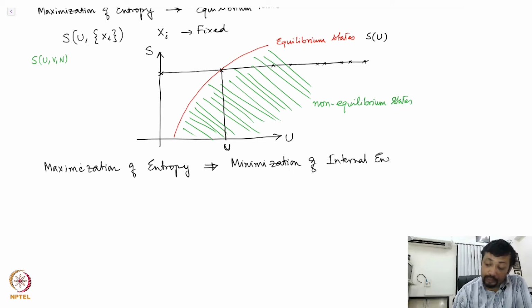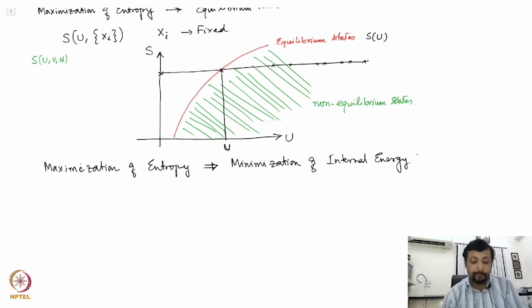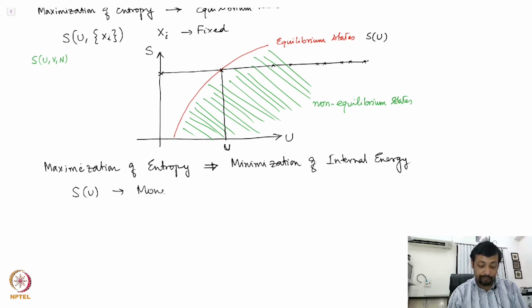Of course, the point here is that I have cheated a little bit. You will see why. Now, this is only possible, you see, when S is a monotonically increasing function of U. And this is where I have cheated, because I have drawn a monotonically increasing function, right? Clearly, if you had this like this or in some other way, then this would not have been possible.